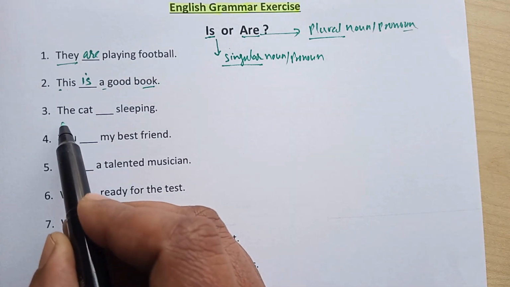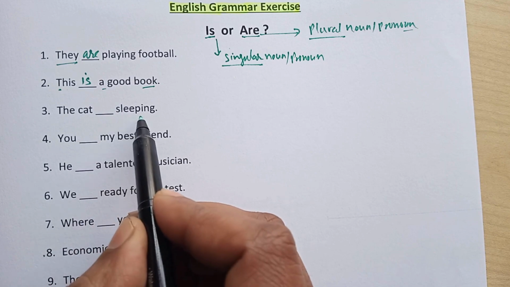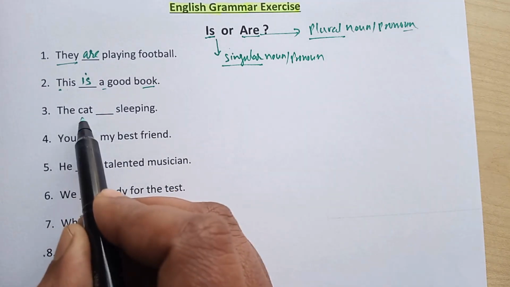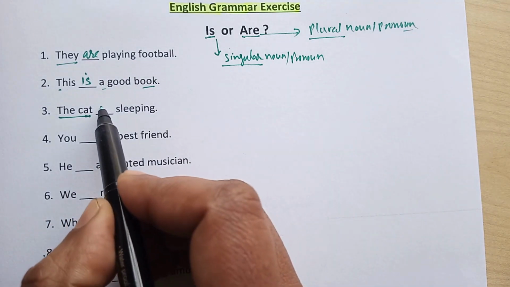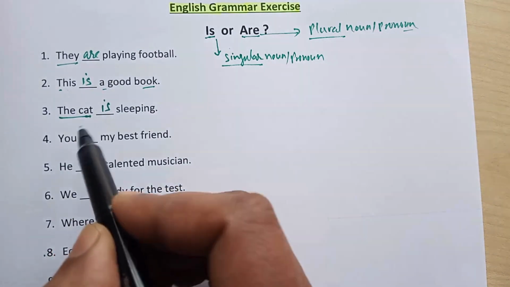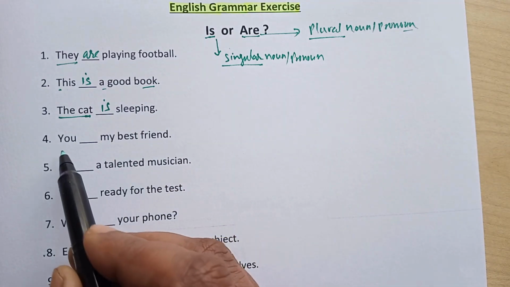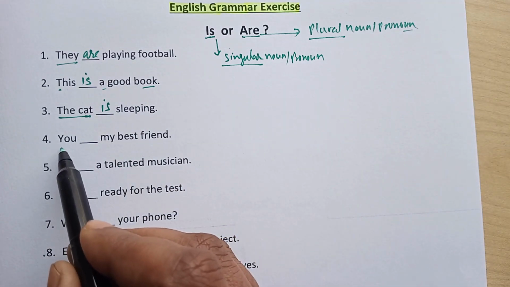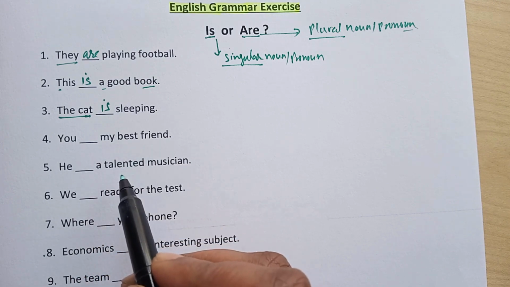Okay. Next example is: the cat blank sleeping. So the cat is a singular noun. So we'll be using "is" here. The cat is sleeping. Now another example: you blank my best friend.